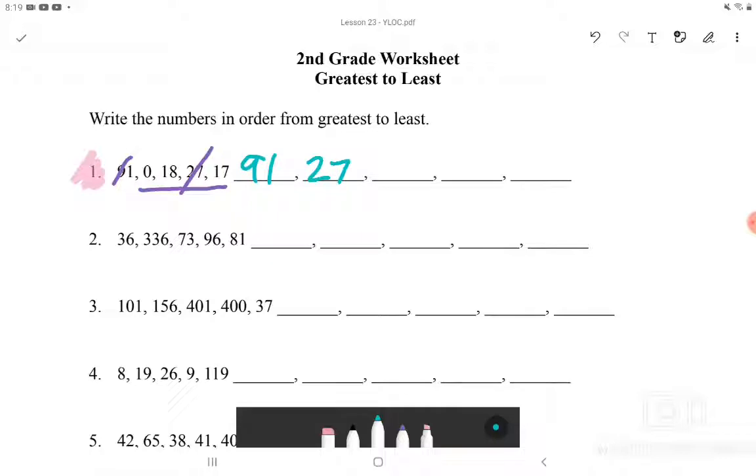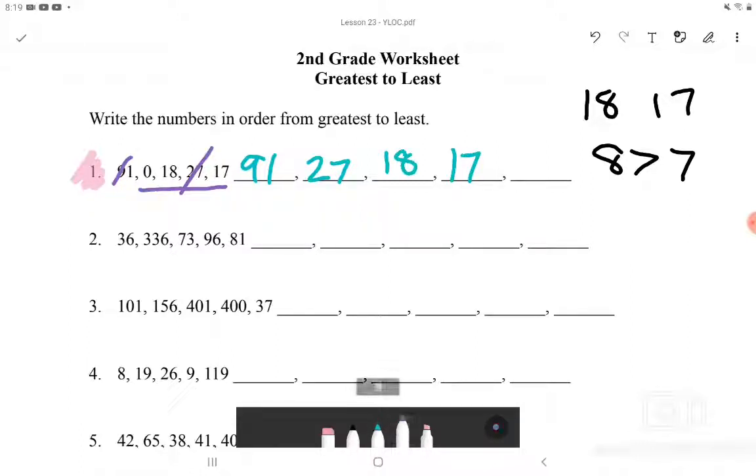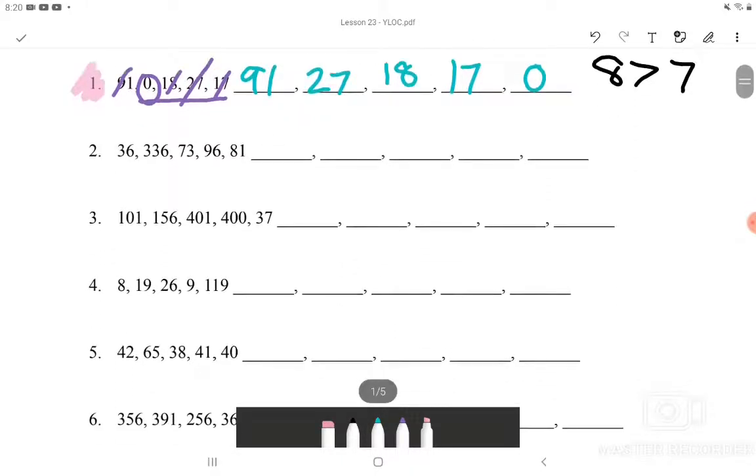And now when we look at 0, 18, and 17, we see that there are two numbers that both start with 1. So we're going to compare 18 and 17, and we know that 8 is greater than 7. So 18 will come first, and then 17 will come after. When we cancel those two numbers, we have one number left, which is 0. Because 0 is the least number, we're going to put it in the last place.